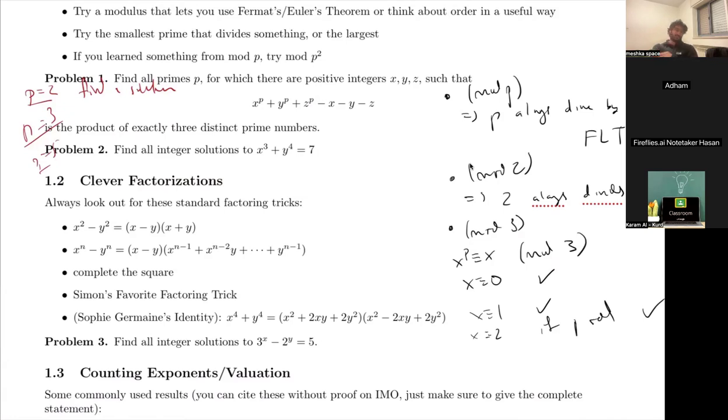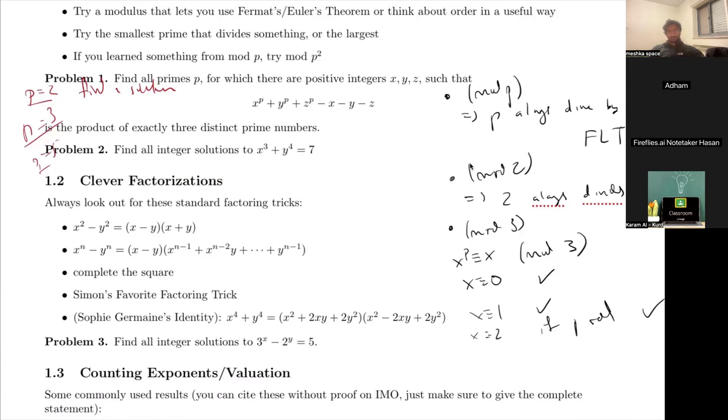Why? I wasn't really able to prove it directly, but my way of thinking was I assumed that, for example, x has to be congruent to either 0 or 1 or 2 up until 6.